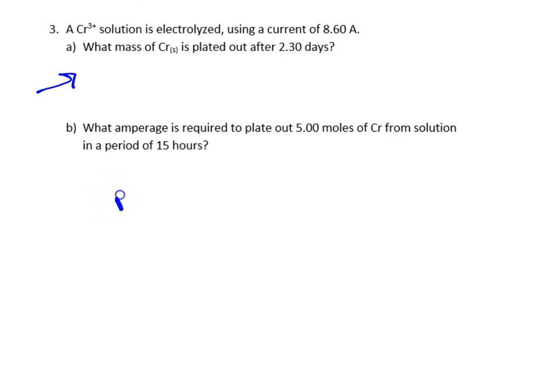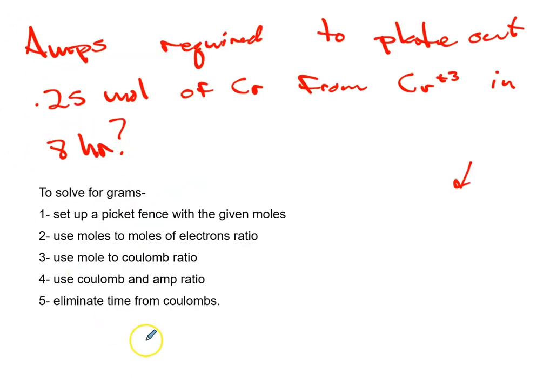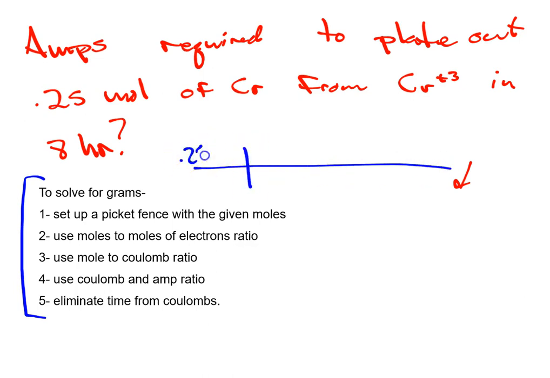All right, this is one we just barely did. This is one that's reversed. You do it this way. You should have done that. Here's a reversed. Here's the steps to do those. To solve for grams, set up a picket fence with the given moles. Use moles to moles of electrons, right?